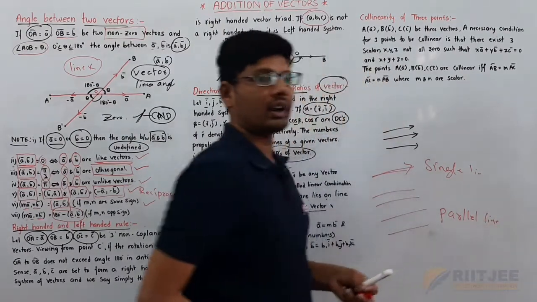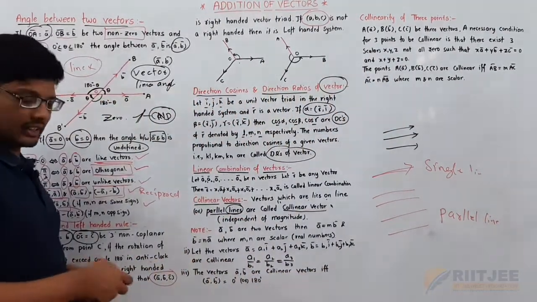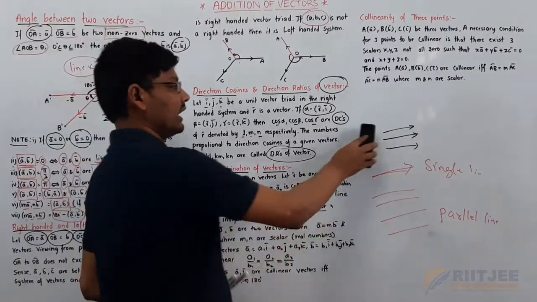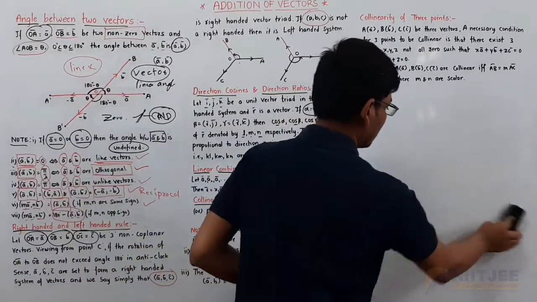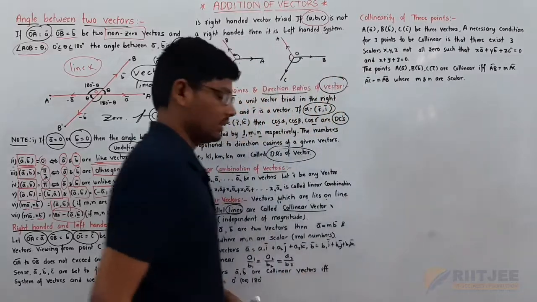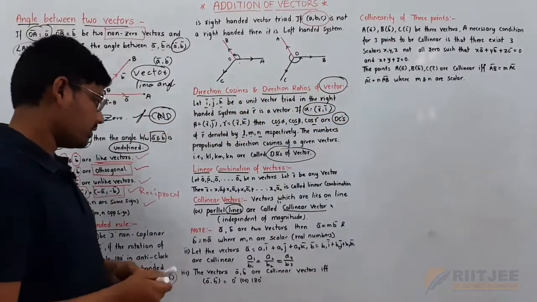This is all about collinear vectors, and we have several properties of collinear vectors. Let us see the properties.